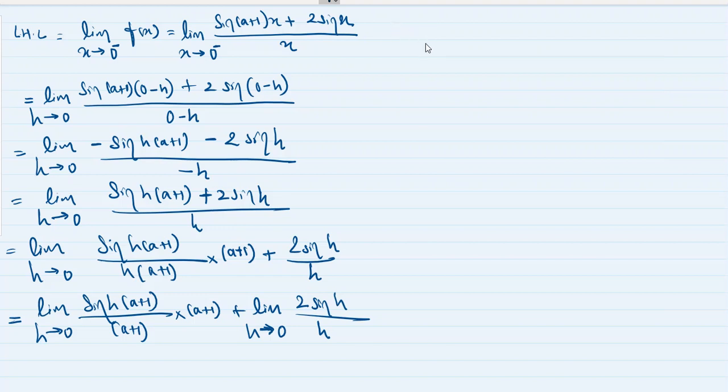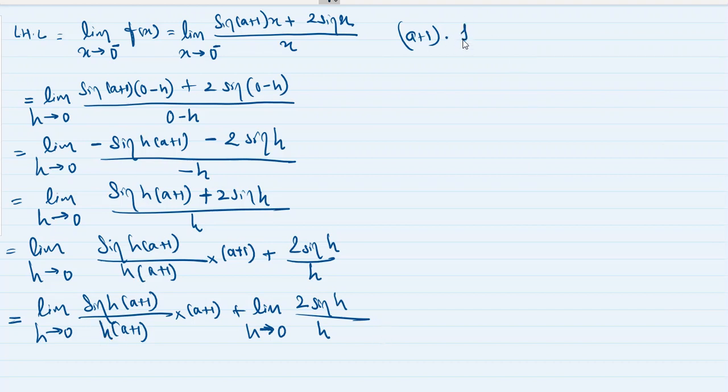We cannot apply a limit to a plus 1, so we'll write a plus 1 separately, and the limit when h tends to 0 of sine h(a plus 1) upon (a plus 1) into h. I'm sorry, I did not write h over here. This becomes 1.